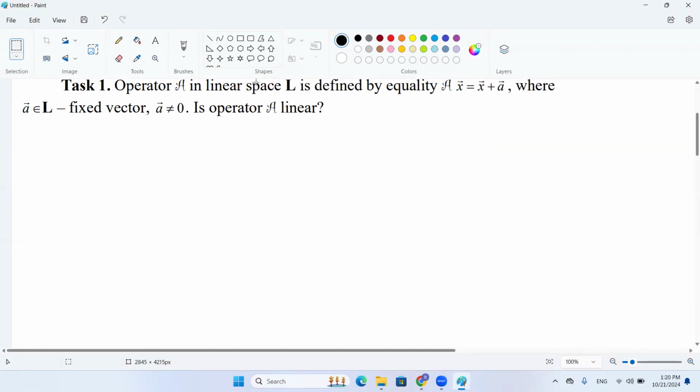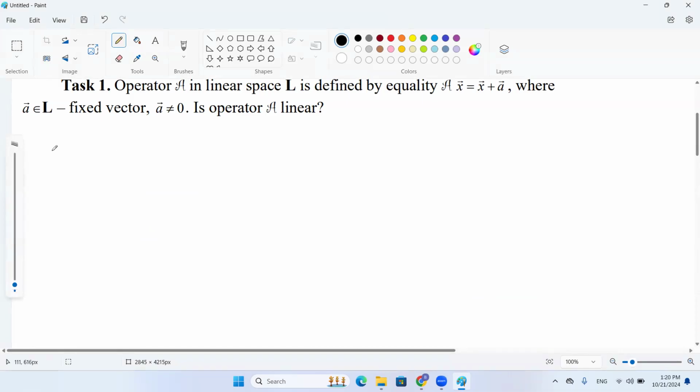How to solve it? Any ideas? Okay, as I see no ideas, you need to see first of all how to solve it.